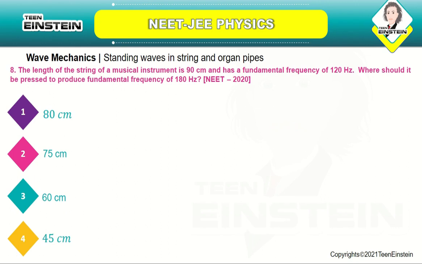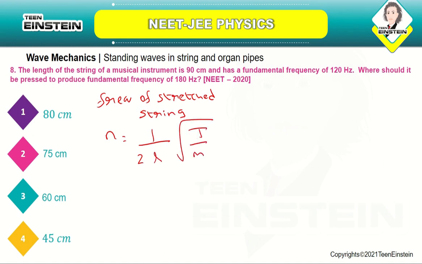So here the frequency of the stretched string is given by n is equal to 1 by 2L into root of T by M. So we know that n is inversely proportional to the length because T and M are constant. So n dash by n will be equal to L by L dash.